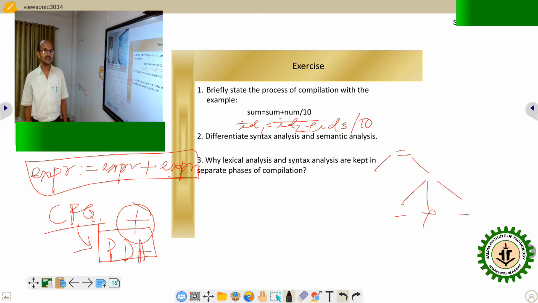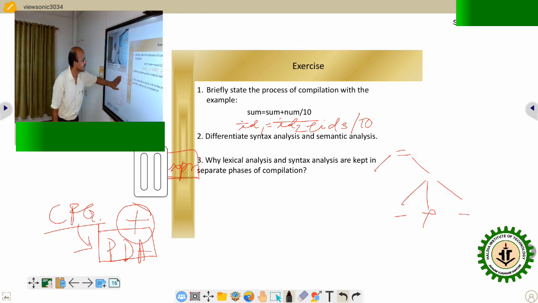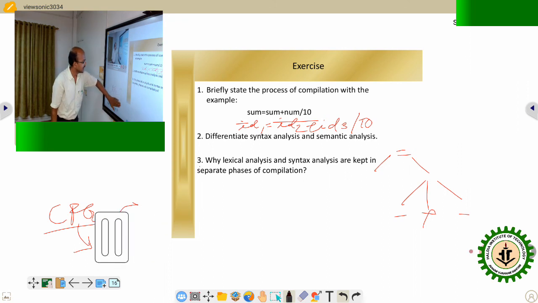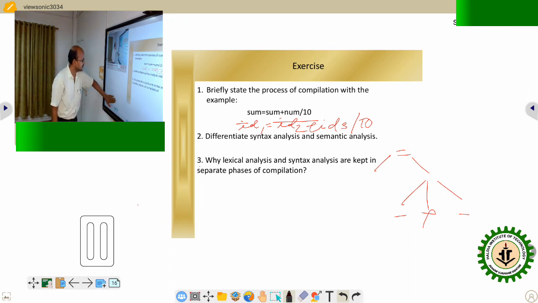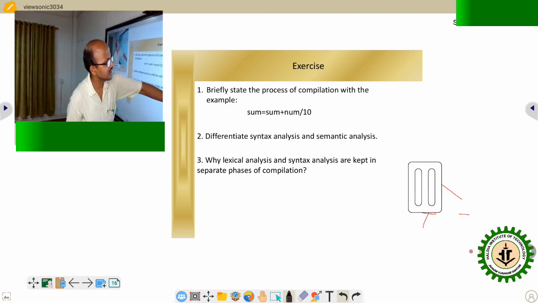So in a nutshell, a compiler is a program which translates the source program written in any high level language and converts it into the machine level program. And what is the position of this compiler?